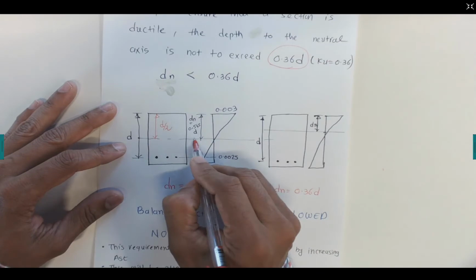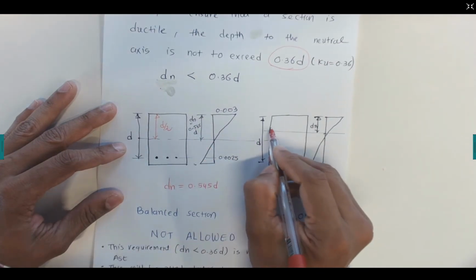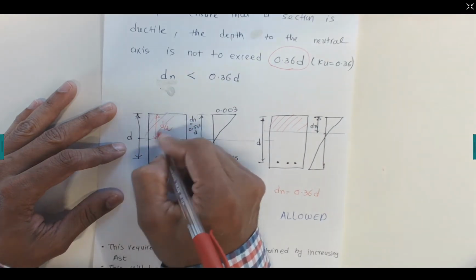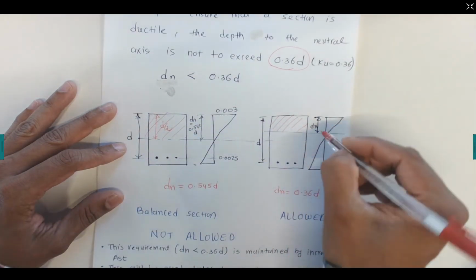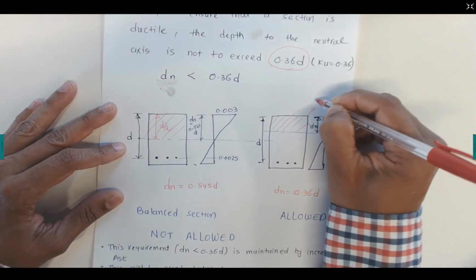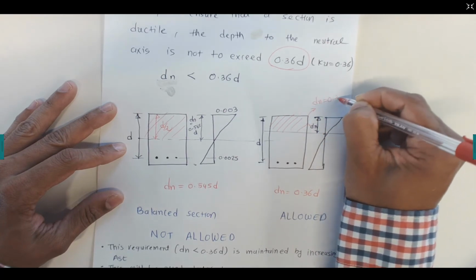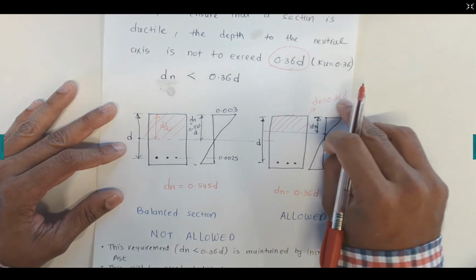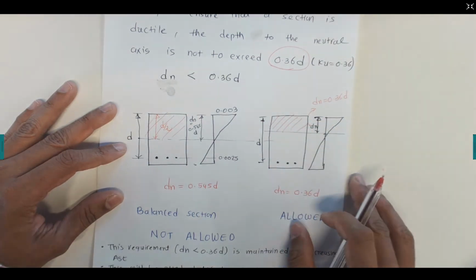But what we need is to shift this neutral axis, so that we get the concrete only in this portion, not this whole portion. So how much dn do we need? Dn generally allowed is 0.36, so whatever the depth is times 0.36, that's the depth of the neutral axis.